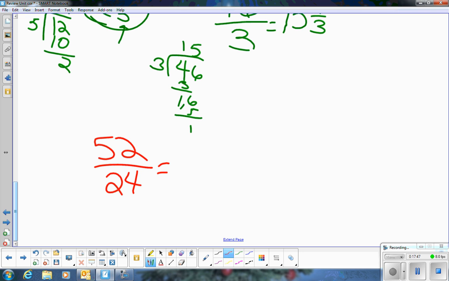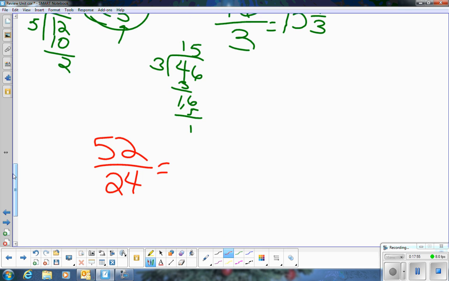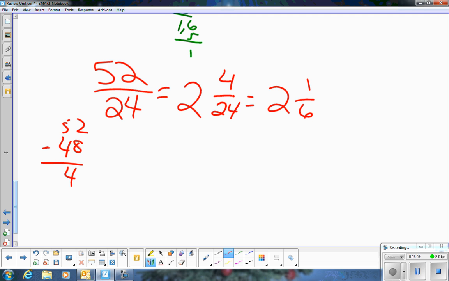Could I reduce it first? I could, instead of doing the division, well, if I'm doing the division, it goes in twice, right? 2 times 24 is 48, so 52 minus 48 is 4, equals 2 and a 6.